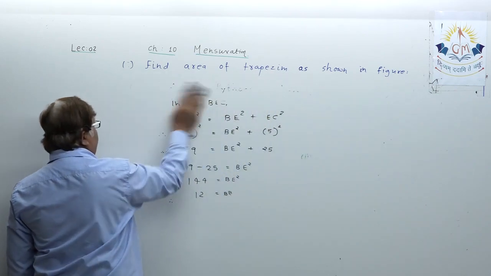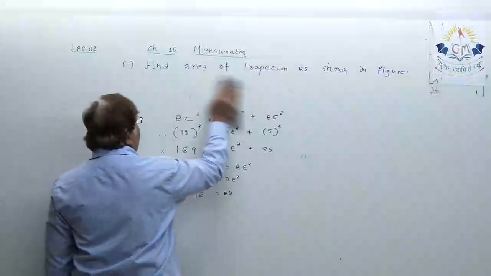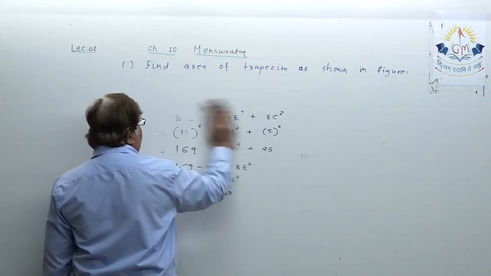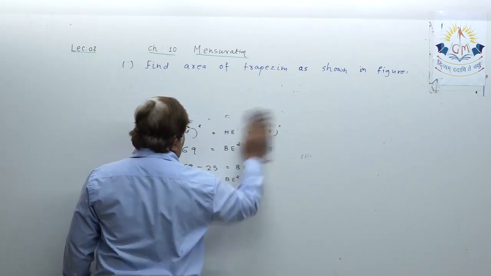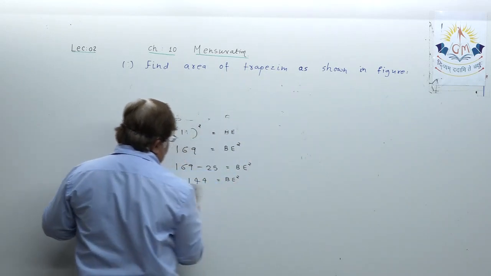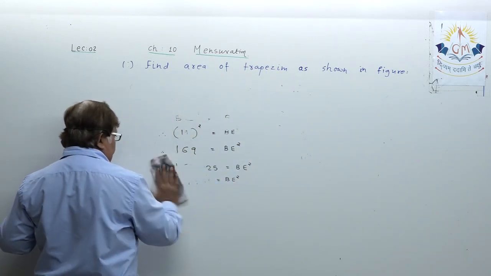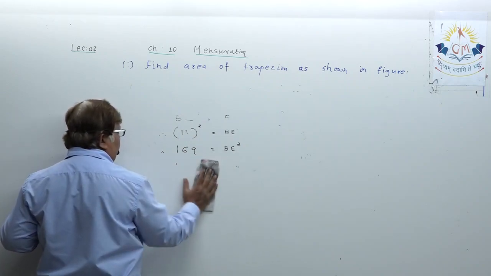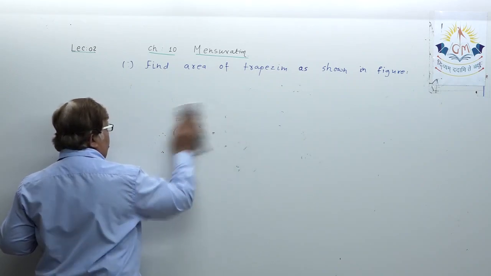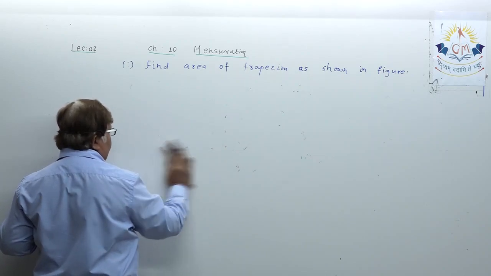Then I am drawing the trapezium for you, and you have to target to find its area. Just 2 steps will get involved in solving this complete example.